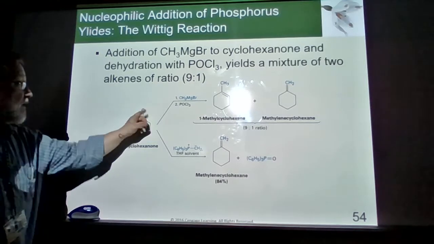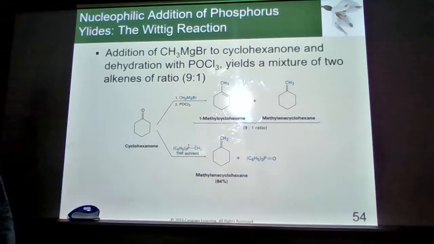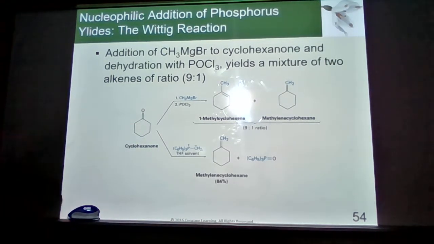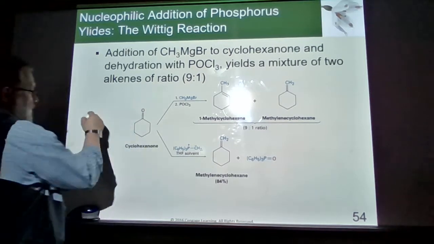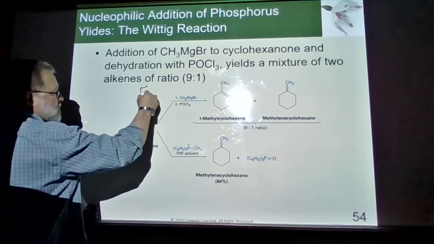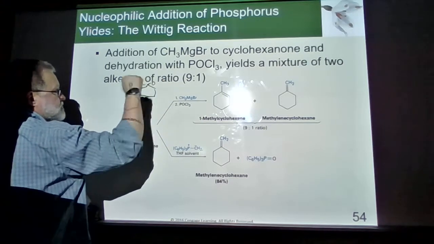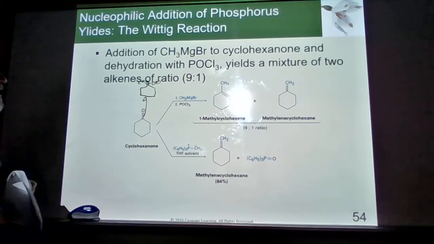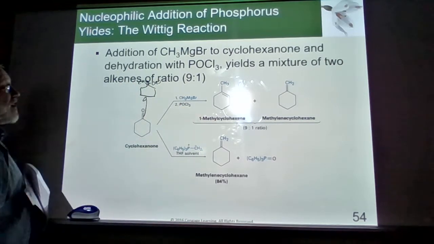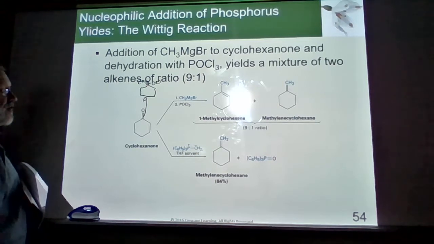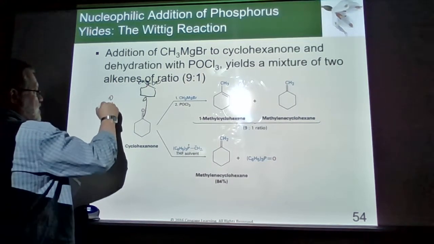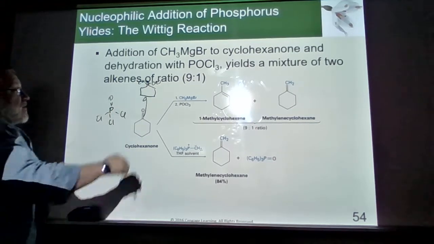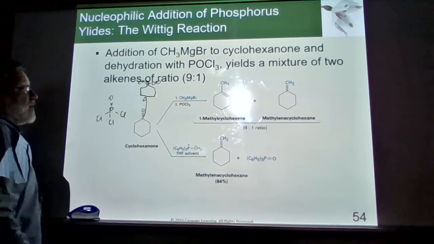Well, if we start with this ketone and we add phenylmagnesium bromide, we initially create the corresponding alcohol. Then if we hit it with a dehydrating agent like trichlorophosphine, we could get the double bond elimination.